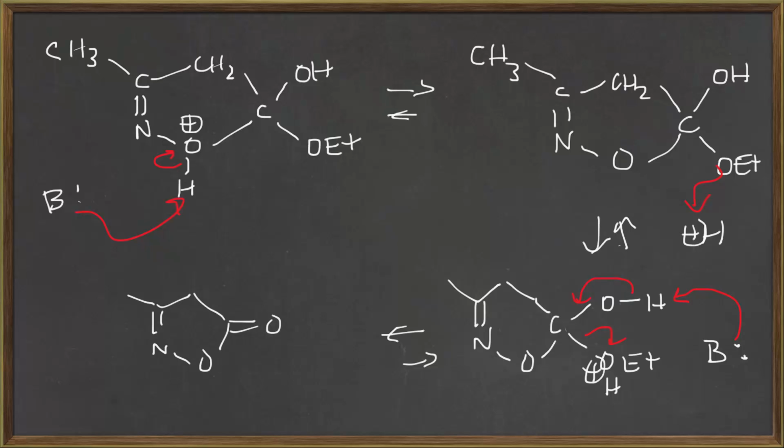So you play with all these pathways until you get to the final stable product as shown. So that's our interlude. We'll move on to the next section in our textbook on chapter 21. Let's see what's next.